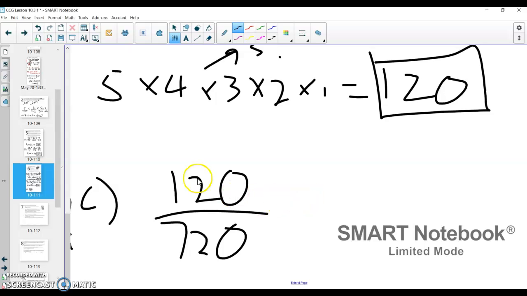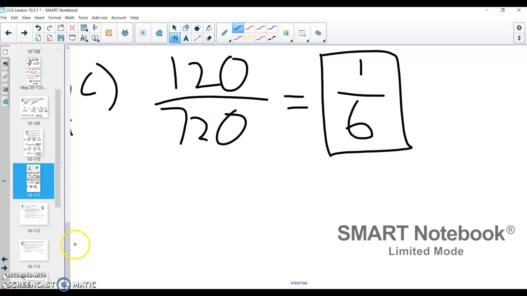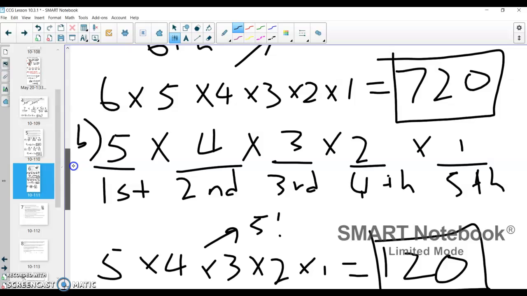And so really what we have here is pre-calculus first period over the total number of outcomes, and that's going to give us our probability here. And so I could actually reduce this down here. I believe you can divide top and bottom by 120, which makes the numerator 1 and the denominator 6. And so you have a 1 in 6 chance that your schedule will give you pre-calculus first period.